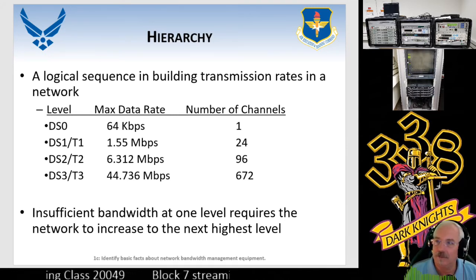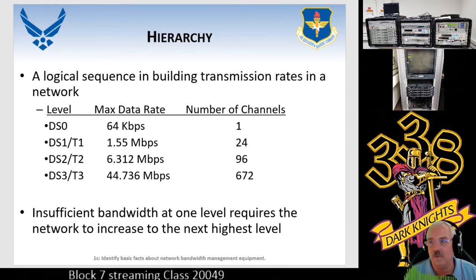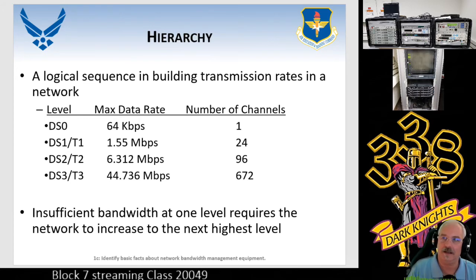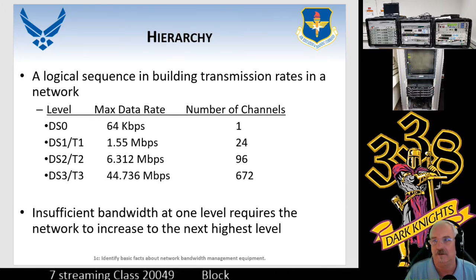That is the maximum for voice channels, and they give it a channel number of 1. DS1 or T1 lines, those are 1.544 megabits per second. That gives us 24 of those voice channels. Voice being voice over internet protocol.